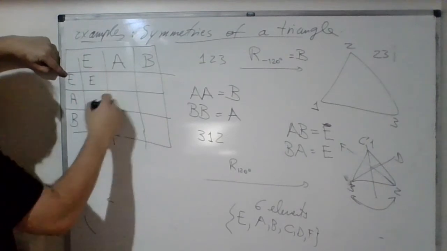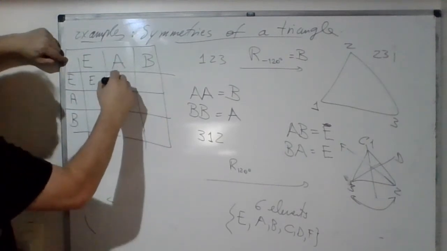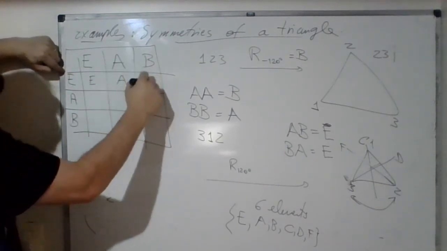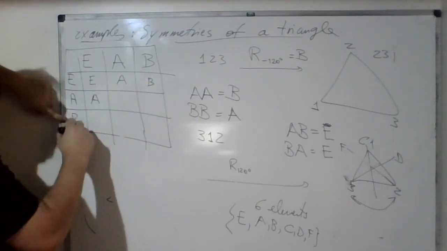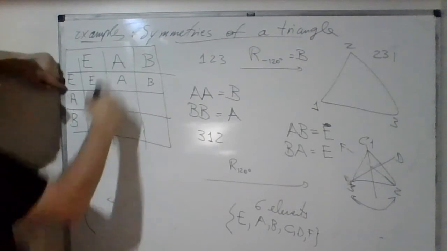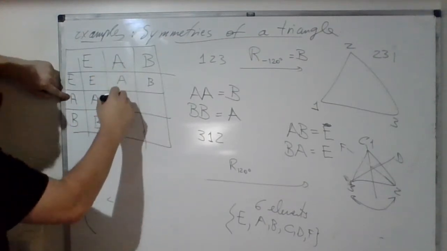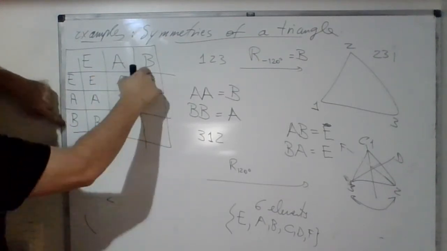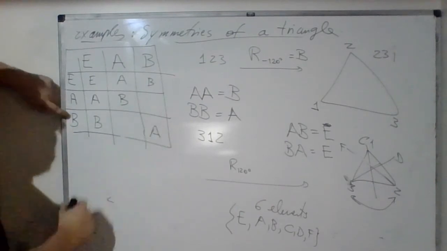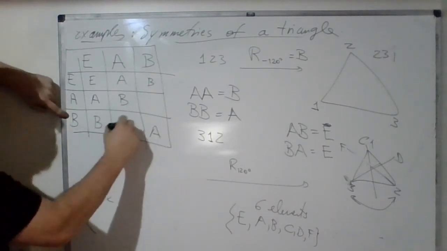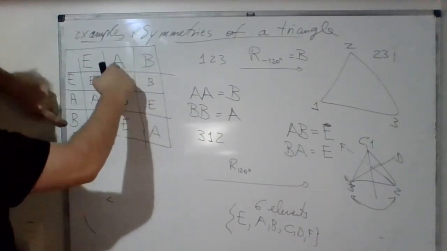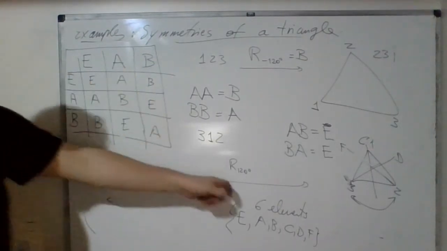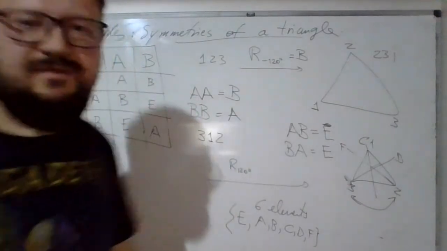So you'll find out E times A is A, E times B is B, A times E is A, B times A is B, A multiplied by A is B, B multiplied by B is A, and A times B is the identity. A times B and B times A is the identity, which we already found previously.